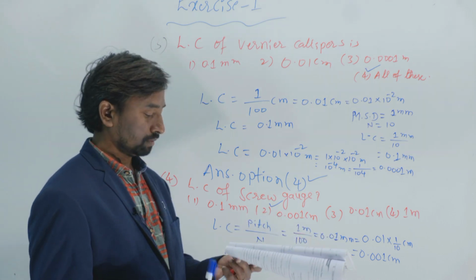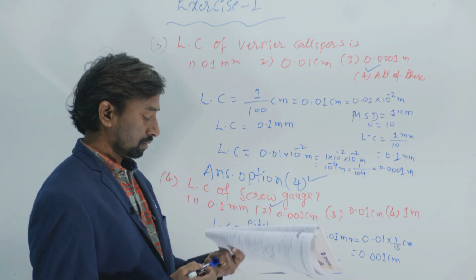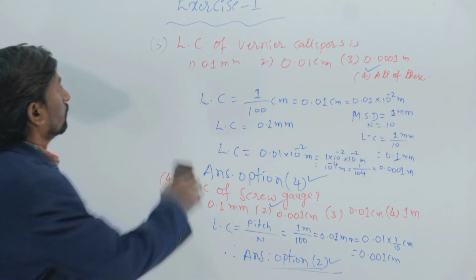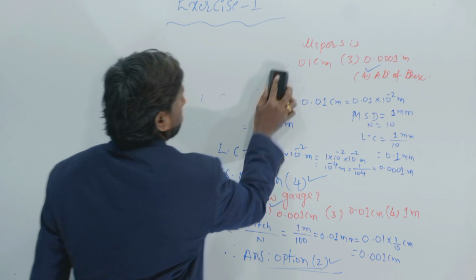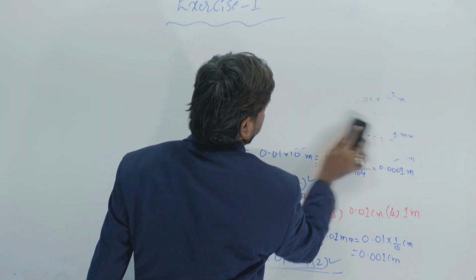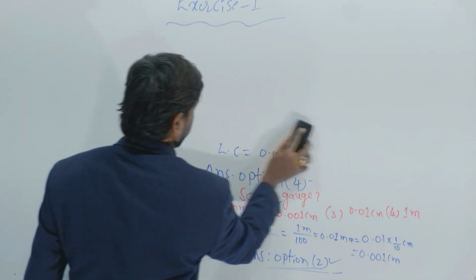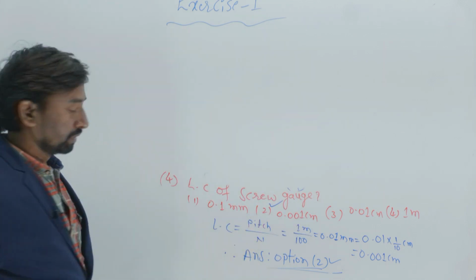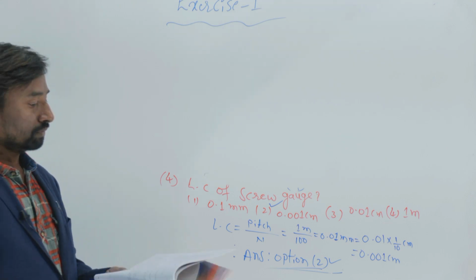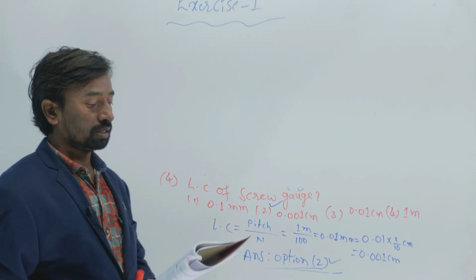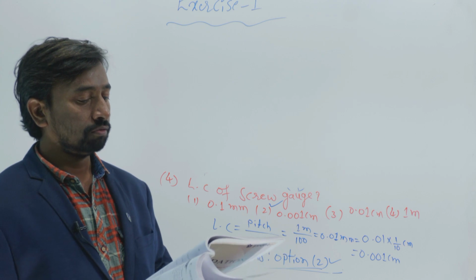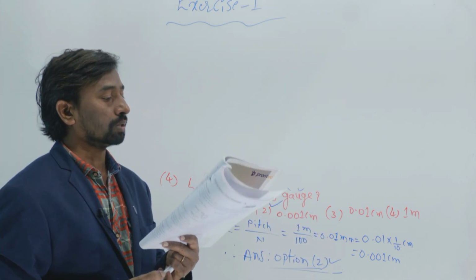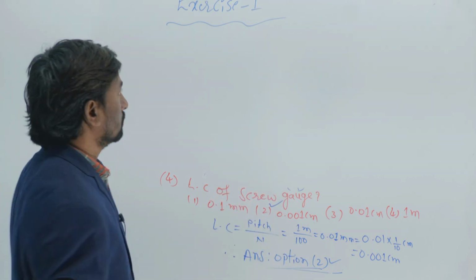Now, the fifth question is given. If 5 mm is the distance moved by the main scale for 5 complete rotations, then pitch is equal to what?